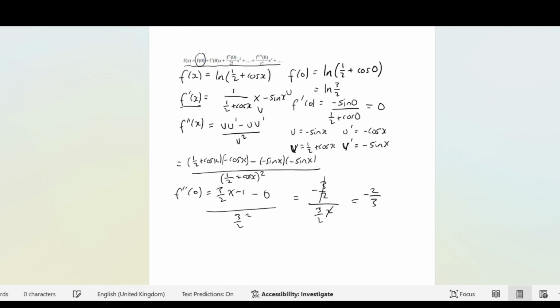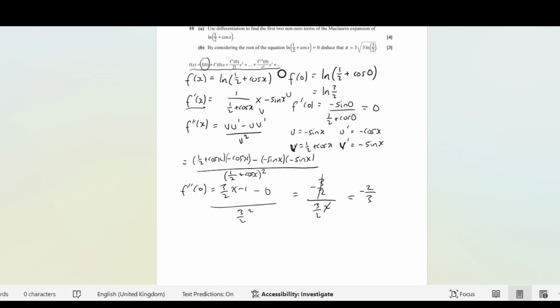Now, we have the value of f double dash of 0 and f of 0, so we have two non-zero terms, and all we have to do is just plug this into the formula.